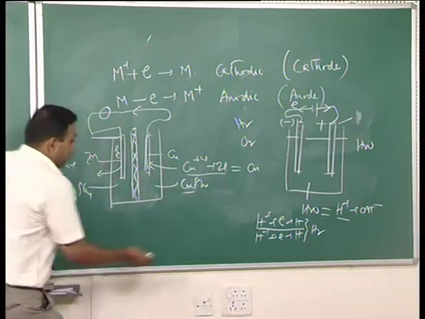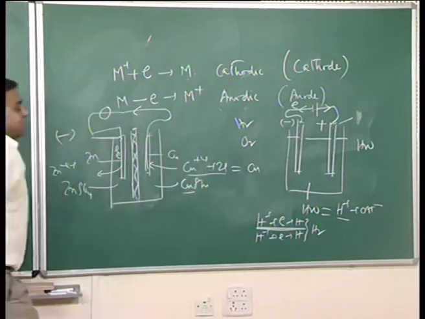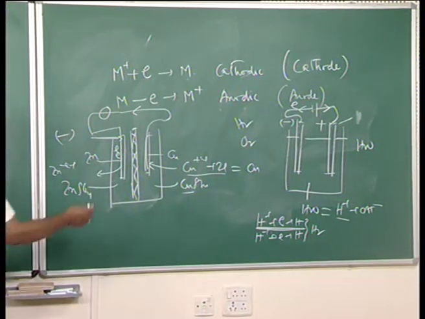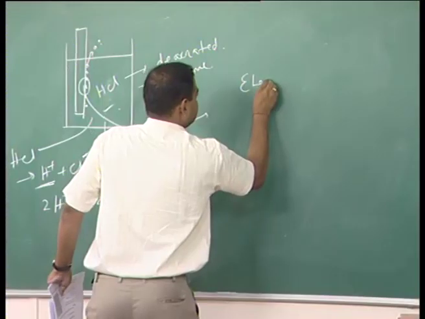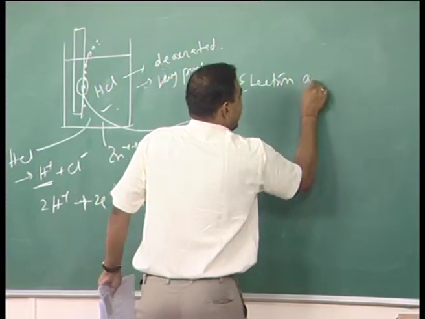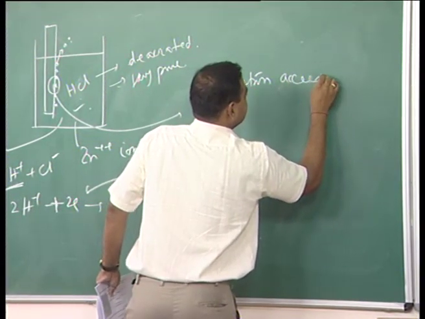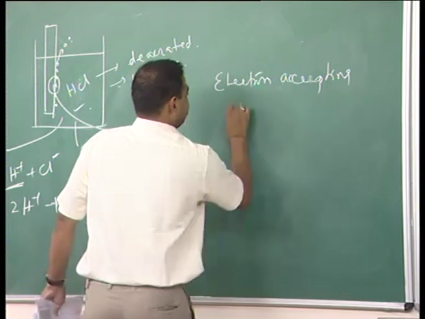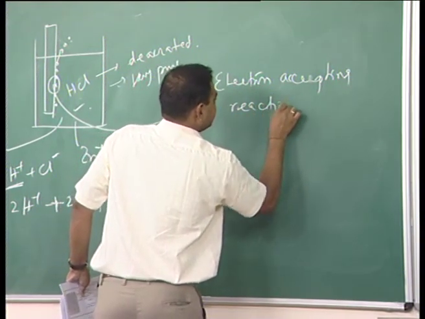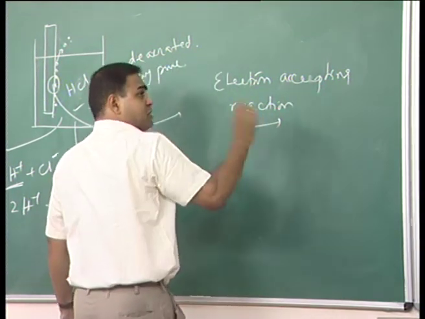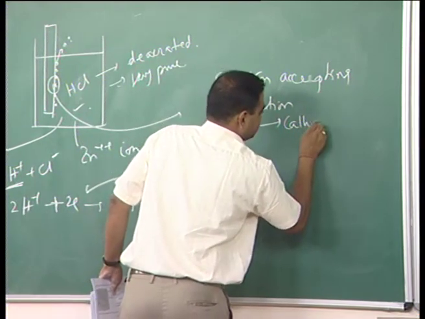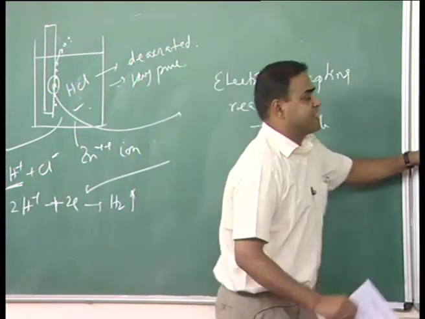So if you see from this negative or positive sign, then you are lost. Rather, you should see on which side the electron accepting reaction is taking place and on which side the electron giving reaction is taking place. Always this is the convention. Wherever you find an electron accepting reaction, that will always be the cathode, irrespective of the sign.